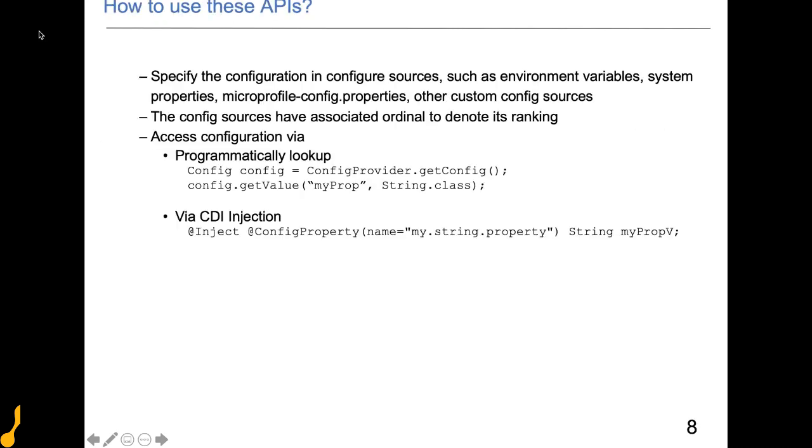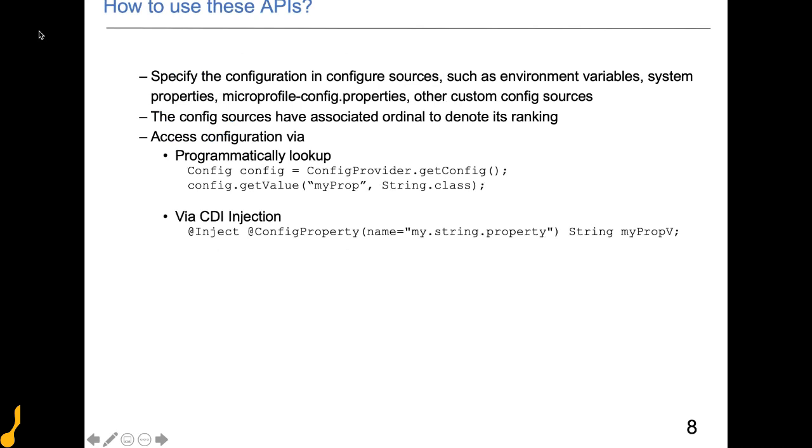So how to use this Config API: first of all, you need to specify the property in the config source. You can specify it in the default config sources, the environment variable, system property, or microprofile-config.properties, or other config sources like ZooKeeper, your database, etc. Pre-configure this config source, and also specify the ranking.